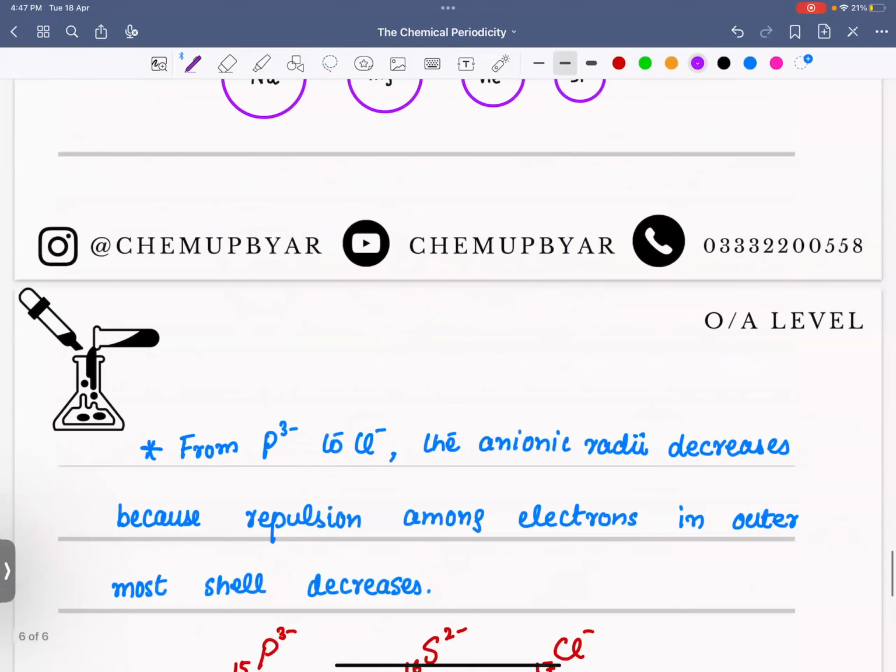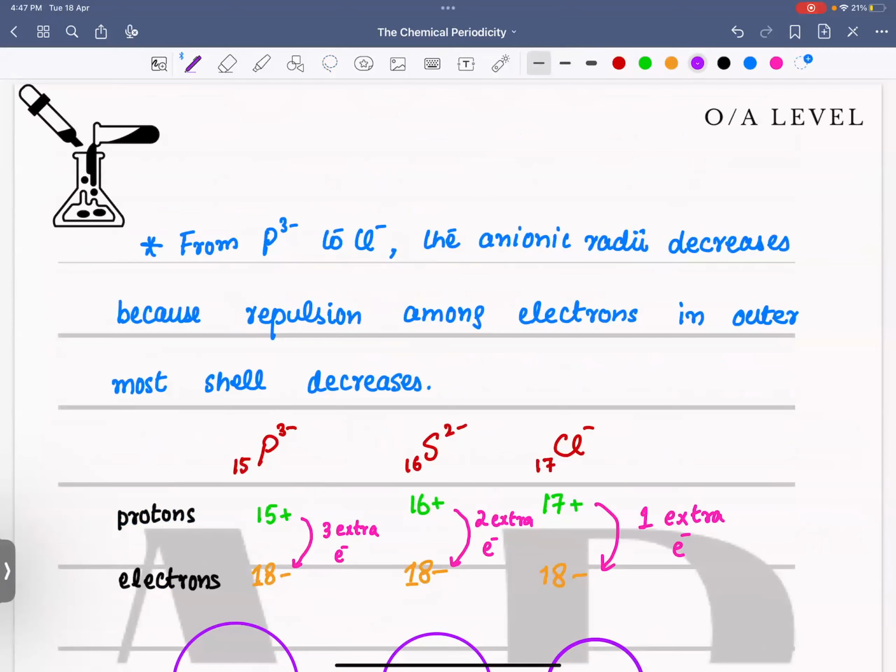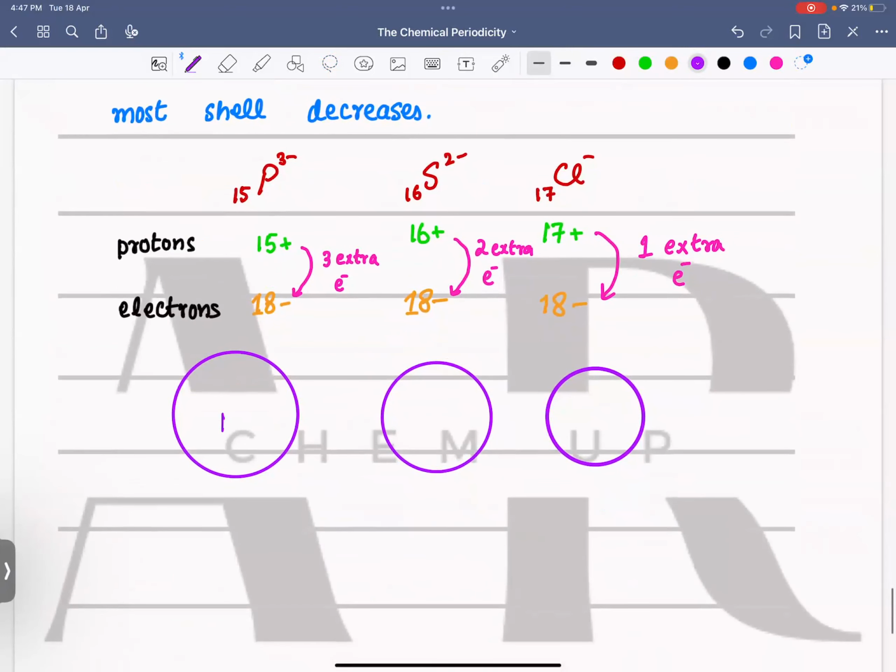So I can label them as phosphide 3 negative ion, then sulfide 2 negative ion, and then chloride 1 negative ion.